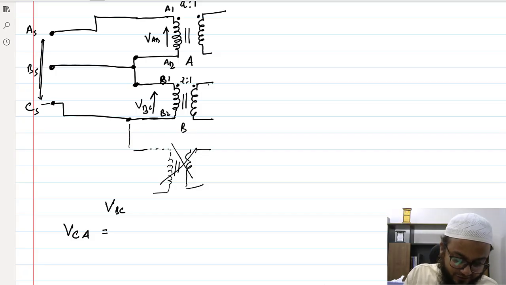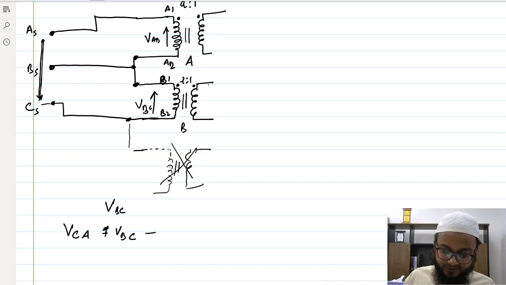If you try to write the KVL loop equation here, between this loop and this, VCA minus, this is an increase in voltage, this is also an increase in voltage, plus VBC, an increase in voltage, I'm writing positive, plus VAB is equal to 0.